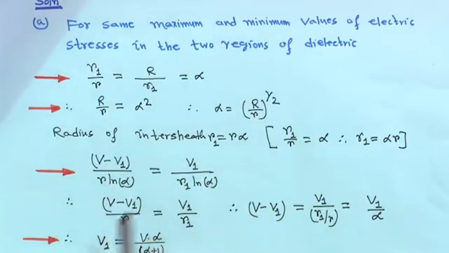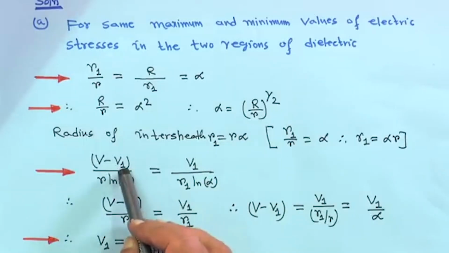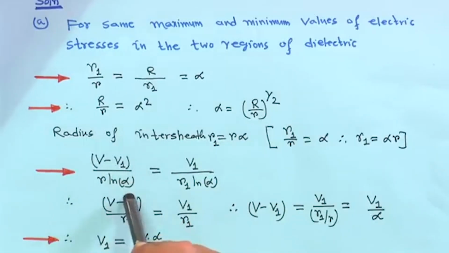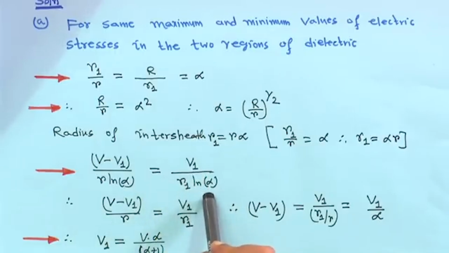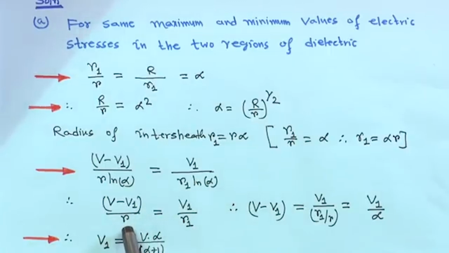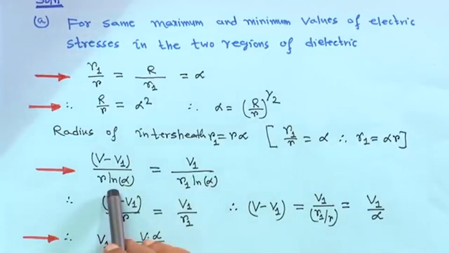Now, we know the same formula we will use: (V minus V 1) upon r ln alpha, here only one intersheath is there, that is why it is equal to V 1 upon r 1 ln alpha, right. Therefore, (V minus V 1) upon r is equal to V 1 upon r 1, because ln alpha on both sides will be cancelled, right.